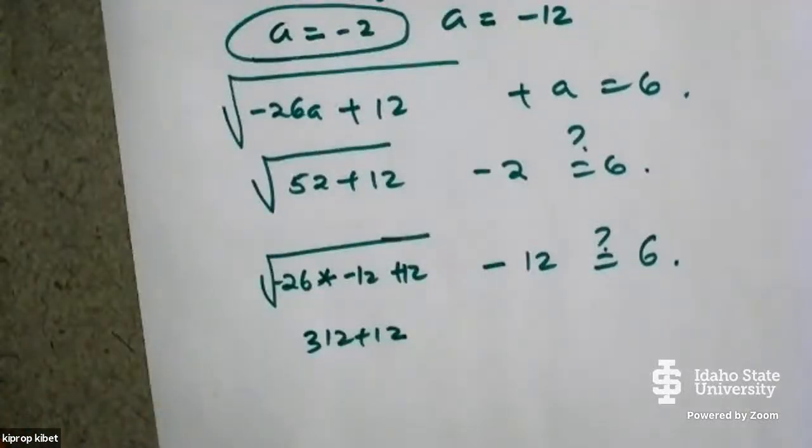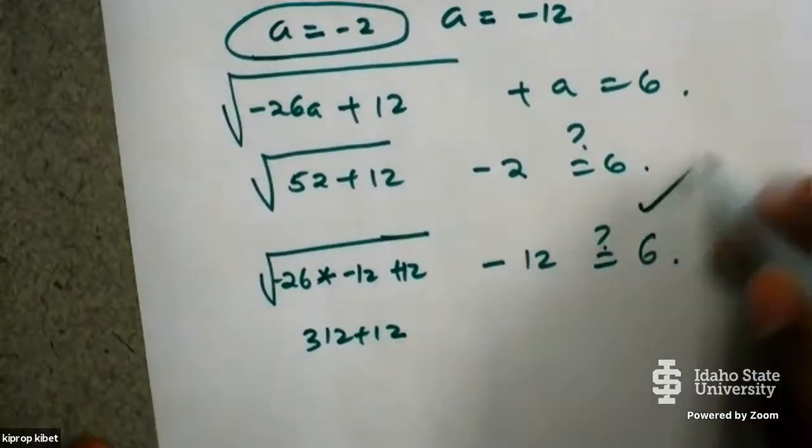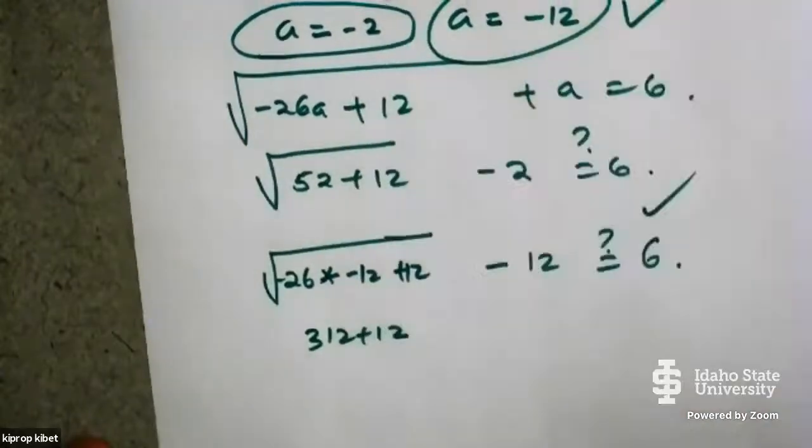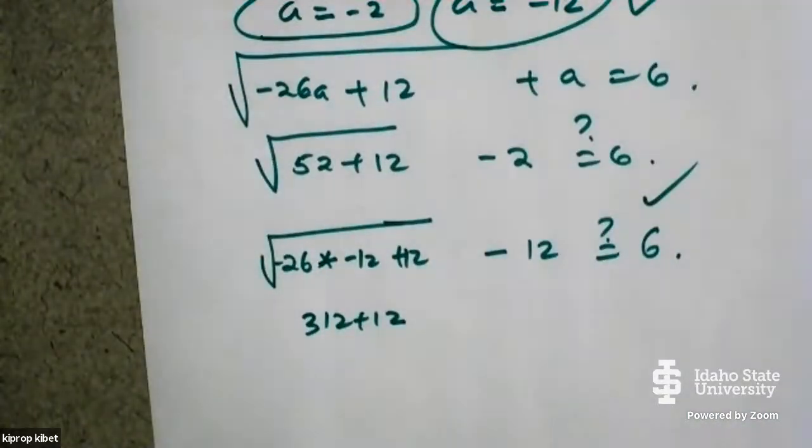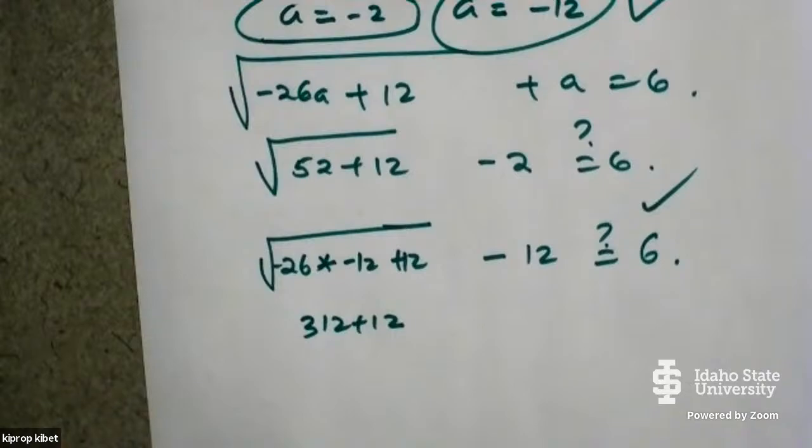The square root of 324 is 18. 18 minus 12 is 6. It works too. So both of them are giving us the solution. So that means a is minus 2 or minus 12.